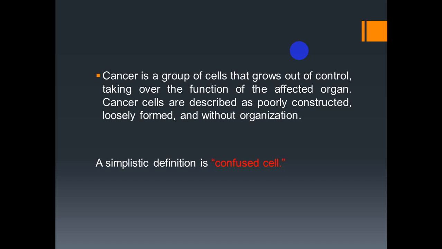Those are the characteristics of a cell when it gets mutated and becomes cancer. A simplified definition of a cancer cell is a confused cell. It is ignoring the signal of growing.